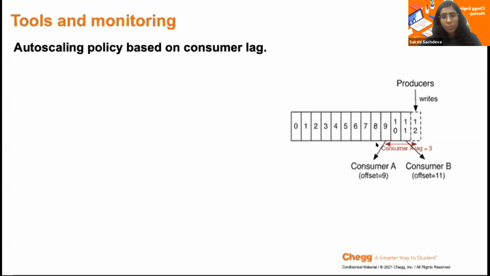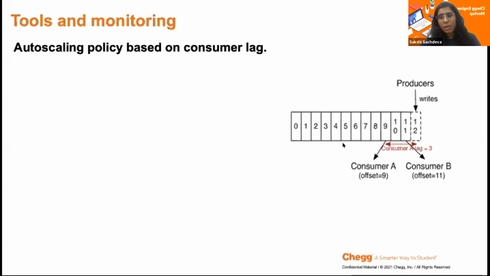The consumer group A has read the messages till offset 9, and consumer B has read the messages till offset 11. So the consumer lag for consumer A here is 3, and for consumer B, the consumer lag is 1.